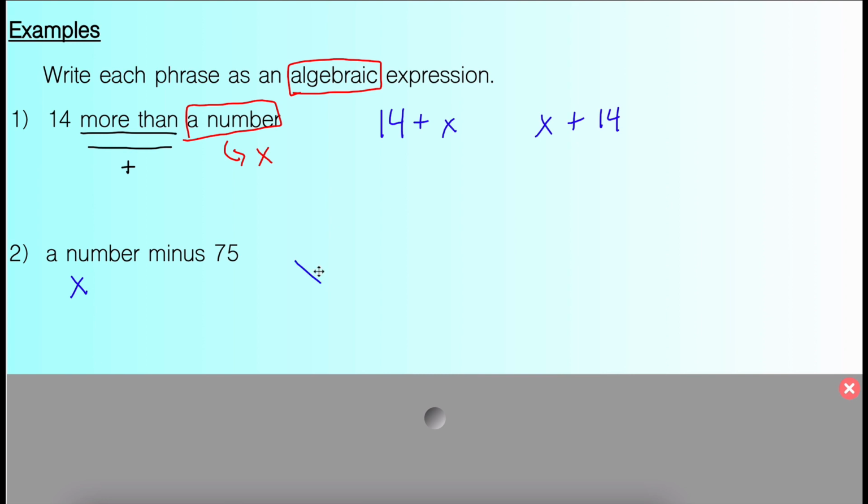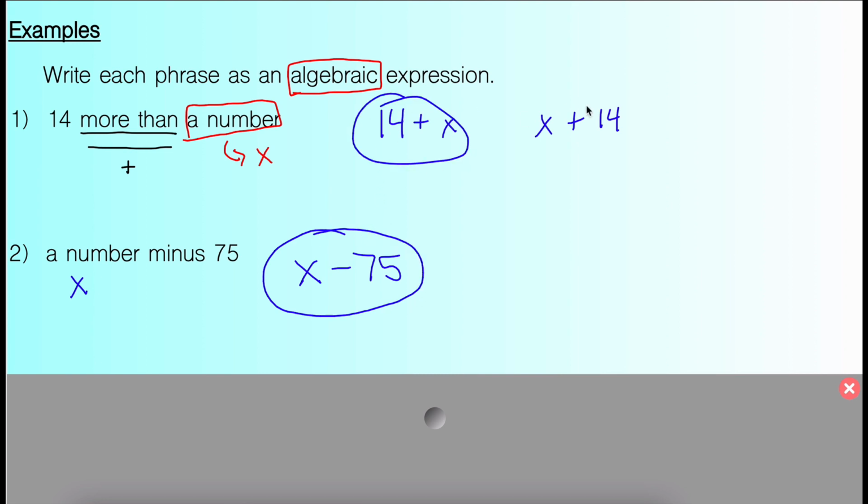That would just be x minus 75, subtracted by 75. Now, whereas in number 1 you could write it two different ways, for number 2 you can't switch the order of a subtraction problem, so the only possible answer for this would be x minus 75. You cannot change that to 75 minus x.